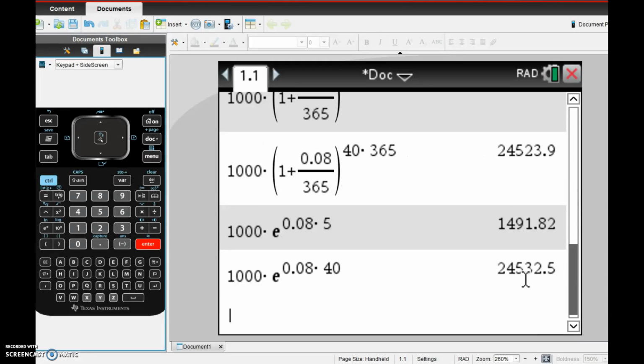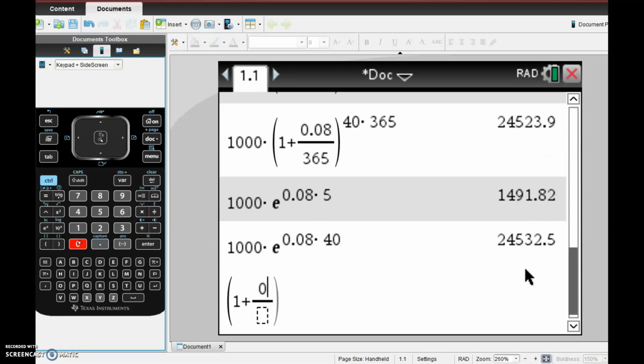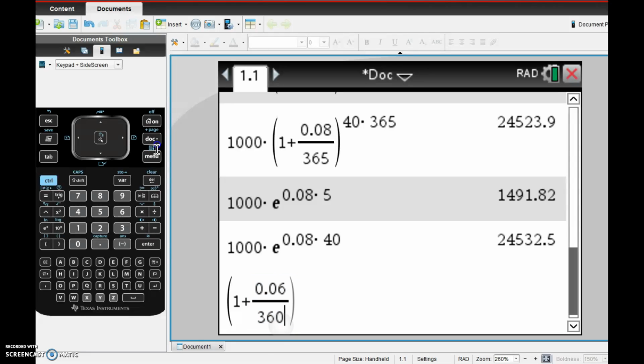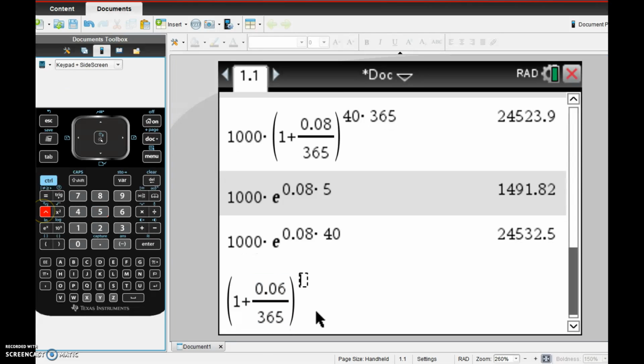So let's put that in parentheses, 1 plus 0.06 over 365.